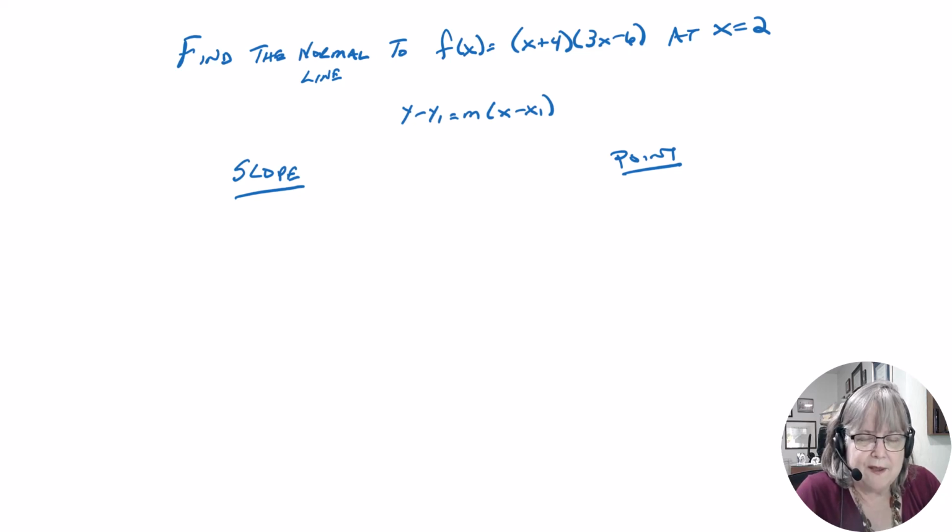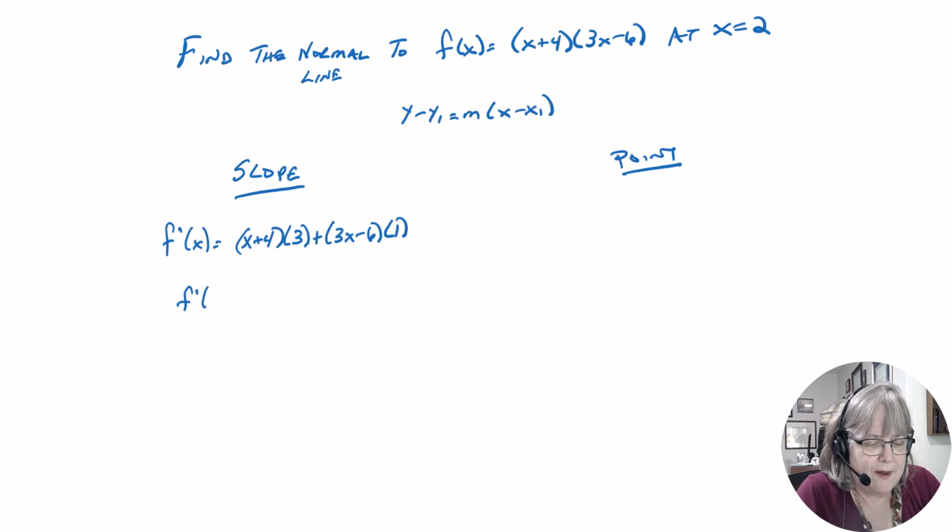So let's practice. The product rule is the first times the derivative of the second plus the second times the derivative of the first. When you clean that up, you get 6x plus 6.